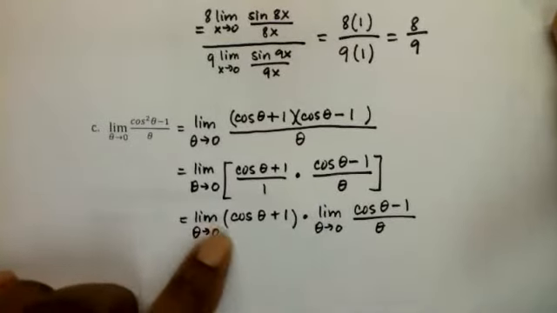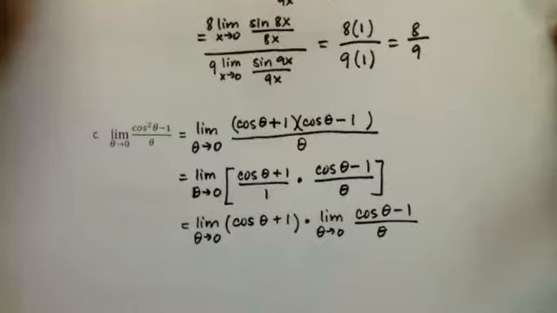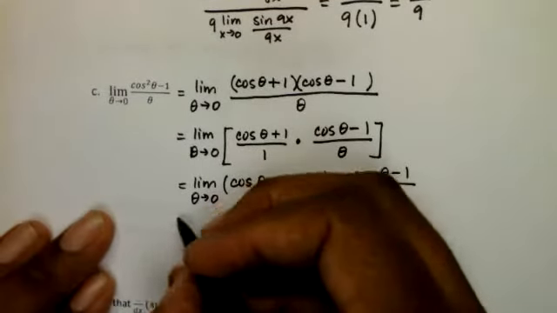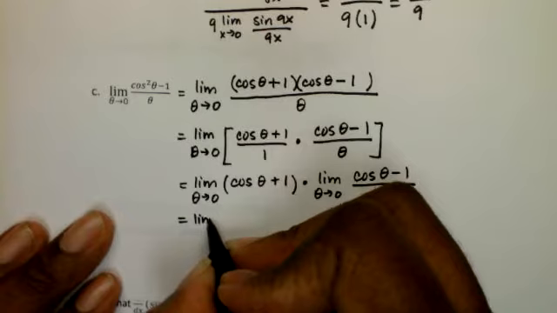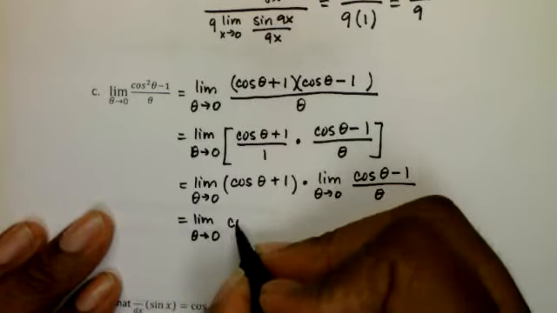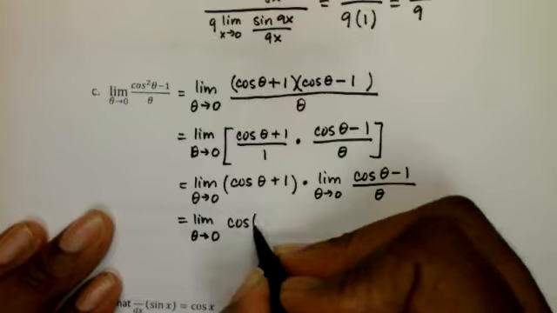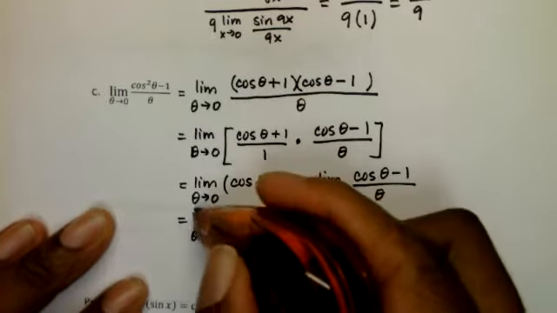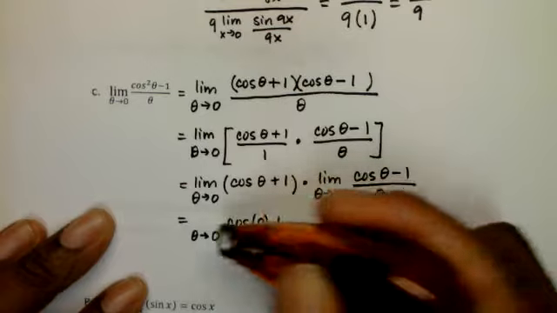But this part right here, I can use direct substitution, okay? Because I know something about the cosine of 0. Now you have to go back to your unit circle to find out what cosine of 0 is. Actually, I don't need that limit notation.